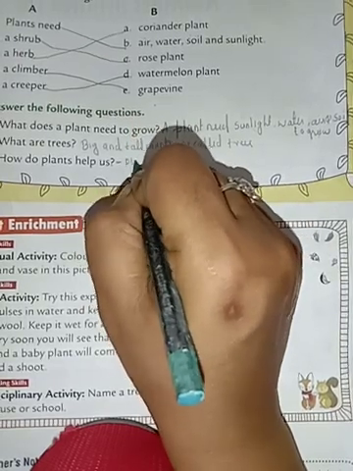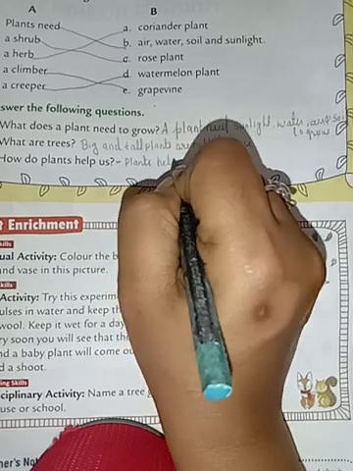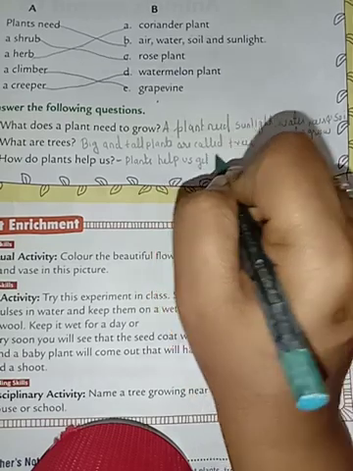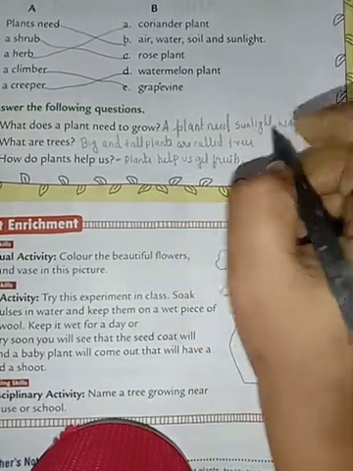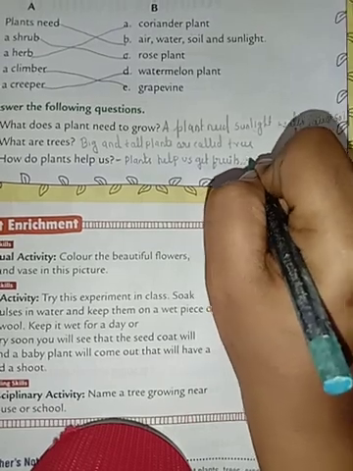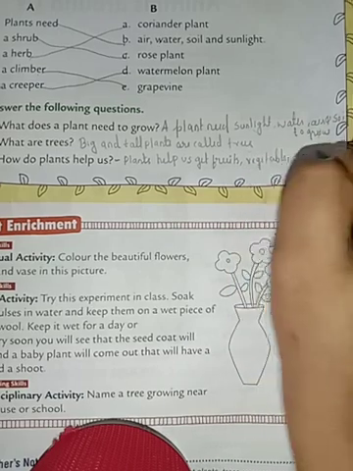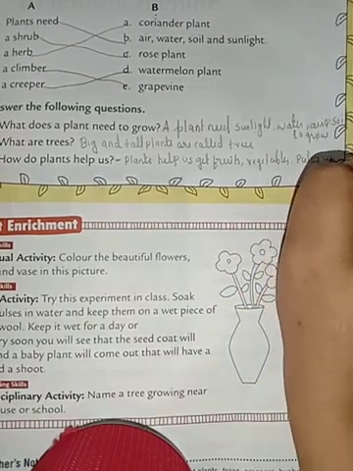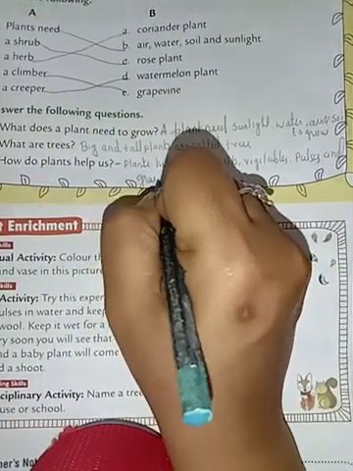Plants help us to get fruits, vegetables, pulses and grains.